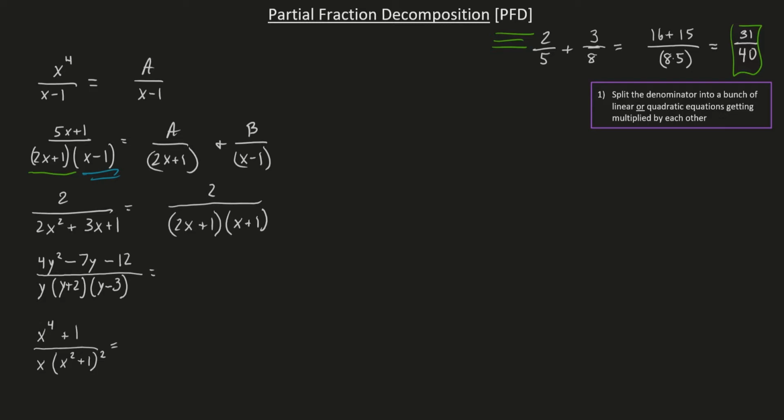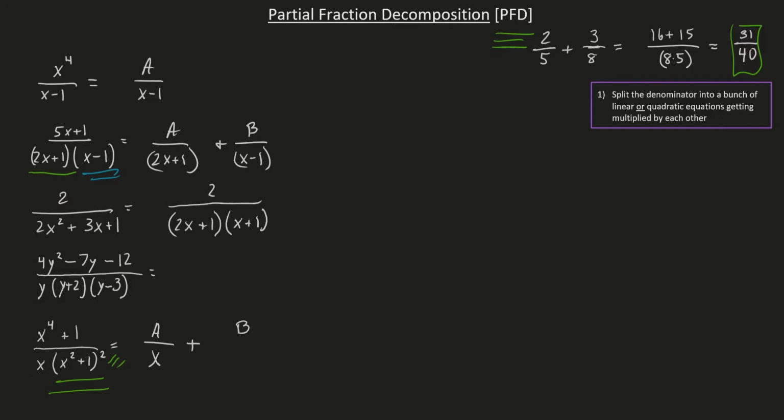So if we skip down to that bottom one just to see that quadratic equation in action, my linear equation x would get one constant. Now here's the thing. We have a quadratic equation here, but notice that this quadratic equation is repeated. Special things happen when you have linear or quadratic equations getting repeated.